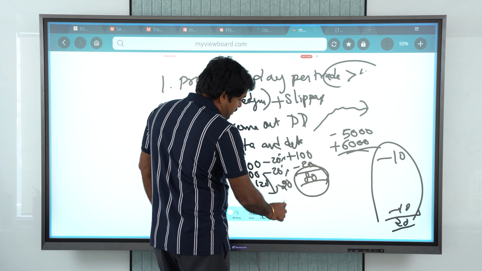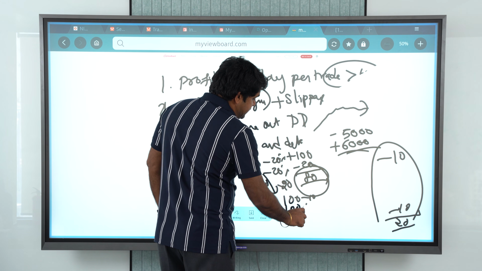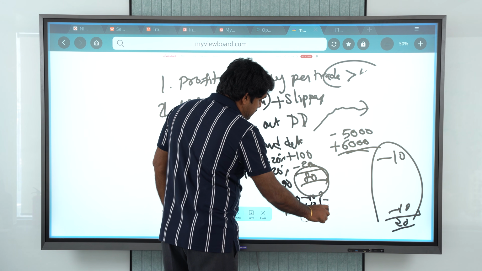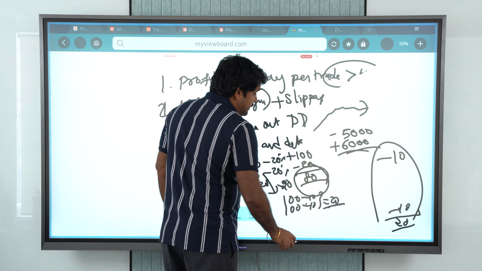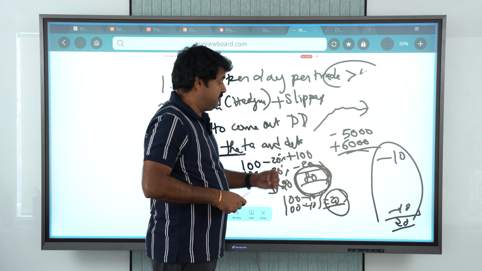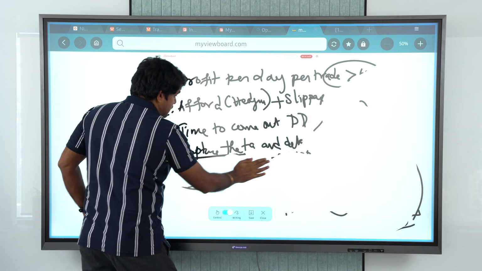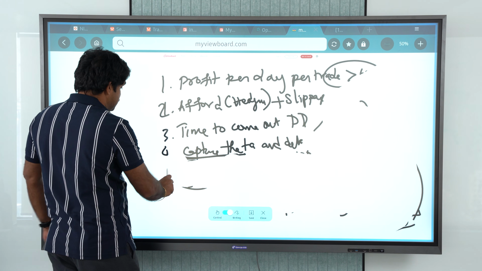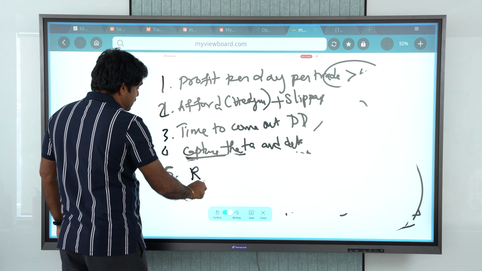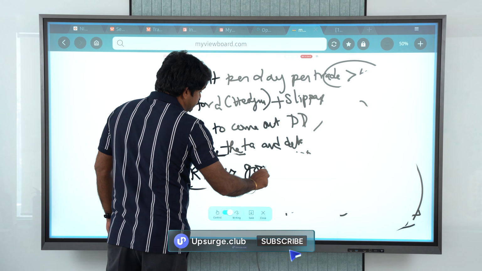At the same time, if none of the stop losses hit 100 rupees, I will get 10 rupees decay here, 10 rupees decay here, and I will get 20 rupees decay. So you are trying to capture theta as well as delta, both the trend and the time value. This is possible only with the short straddle, and the RR, risk and reward ratio, is really good with the short straddle.